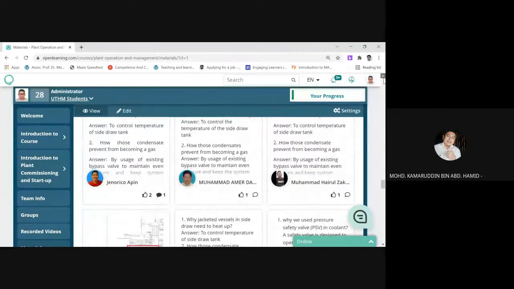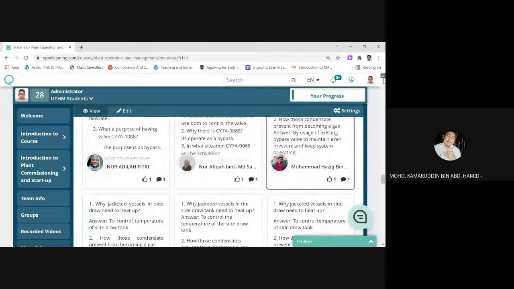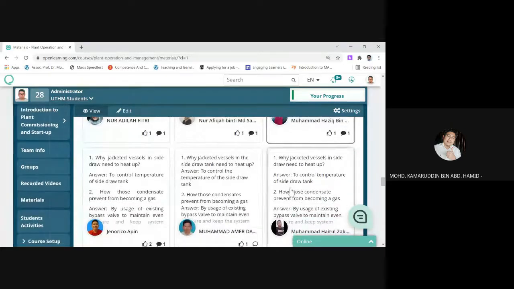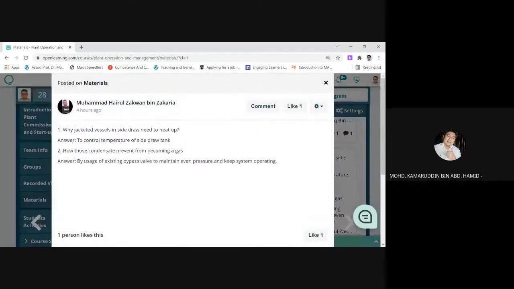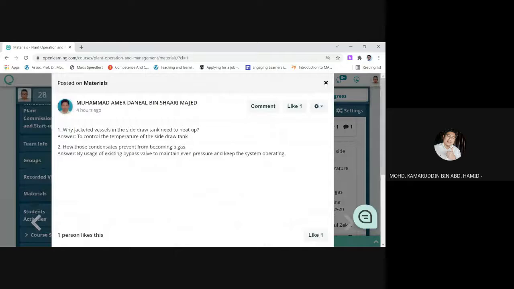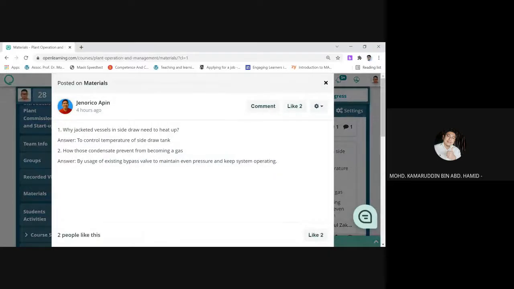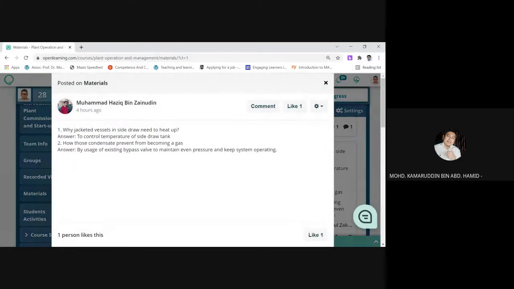So you all punya ni lebih kurang sama saja. Jacket vessel. About jacket vessel. Okay. So Hairul Zakwan kalau sama dengan si Amir Daniel sama juga kan. Generico pun sama juga ni. Aziz Zain pun sama.